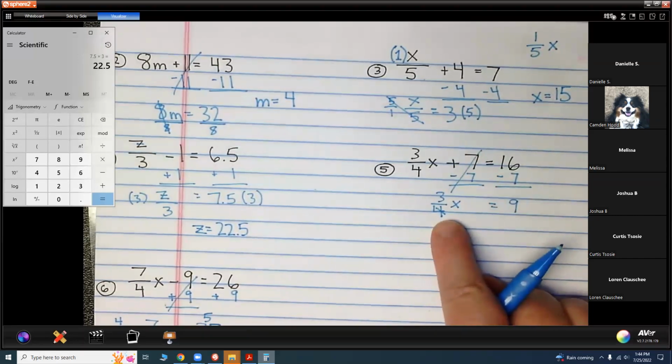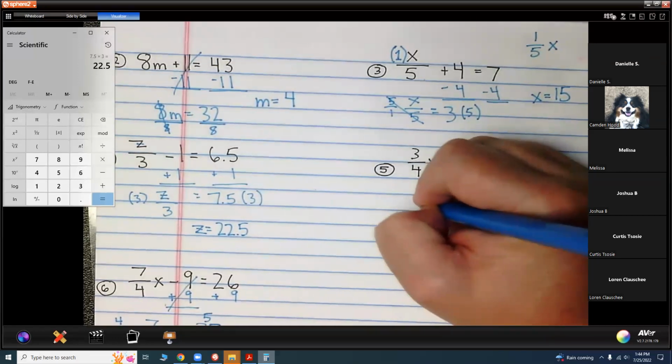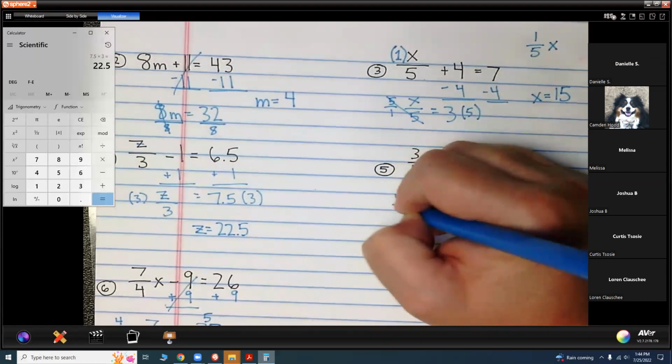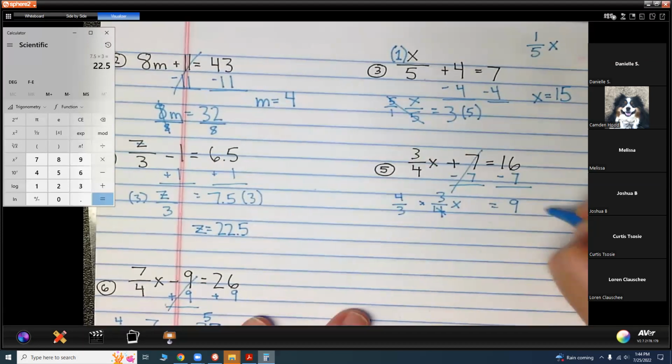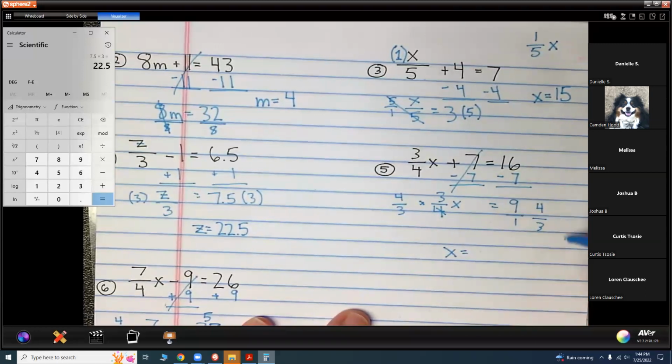We take our reciprocal, we flip it, so we multiply both sides by 4/3. That's going to cancel, and x equals 12, because I can take a 3 out of here and a 3 out of here.